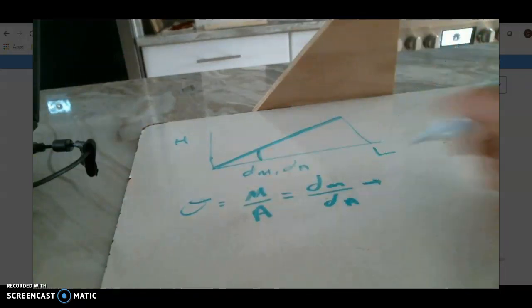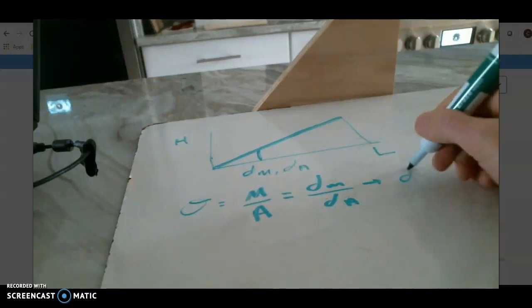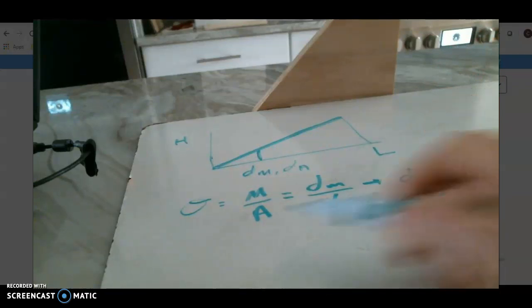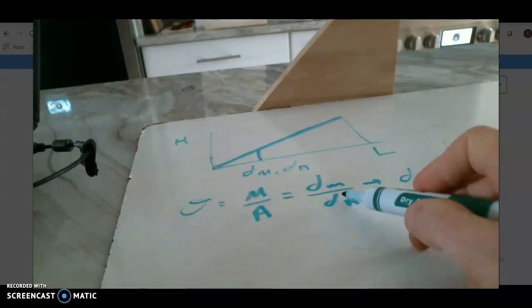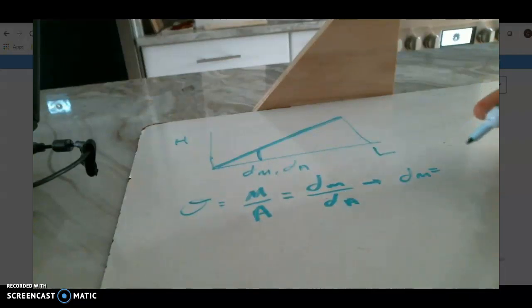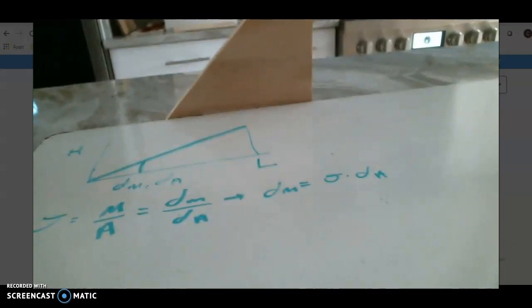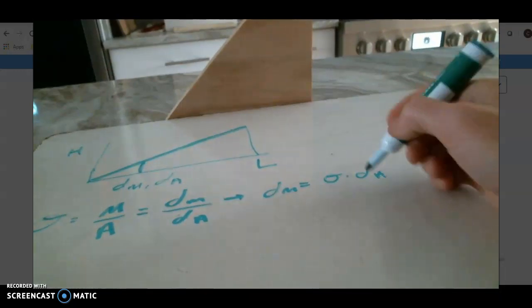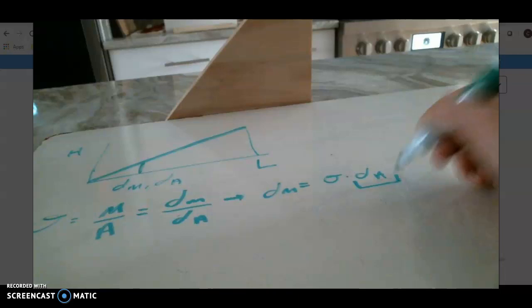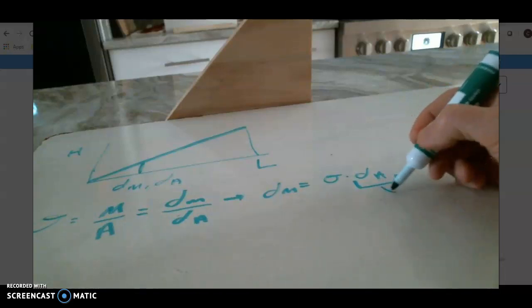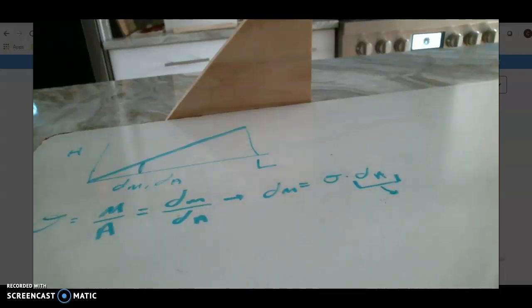So again, if I were to ask you what the differential mass is, you would say it's a sigma times a differential area. Now that differential area is what we talked about in the previous video. Any given area is actually a base times a height, right?